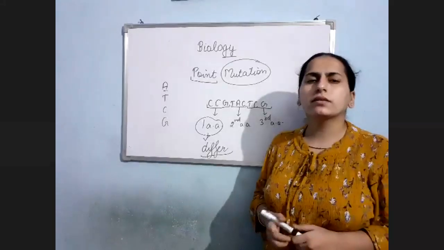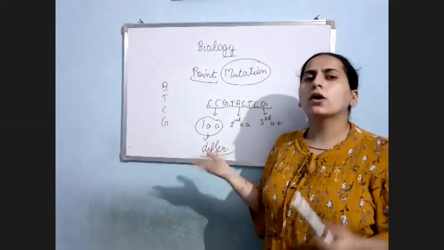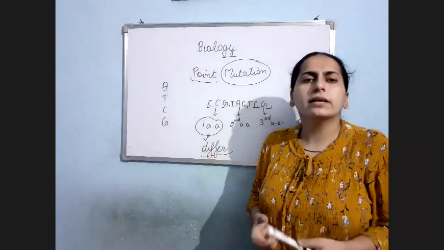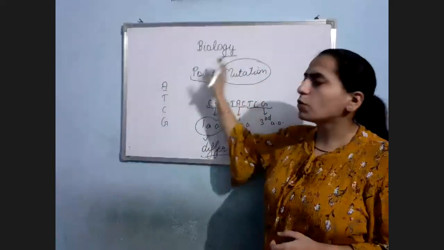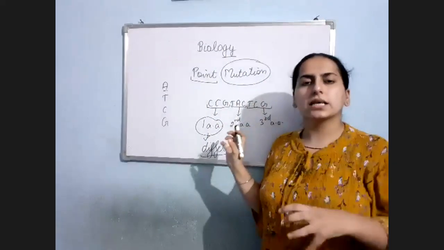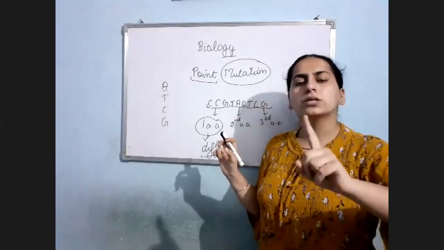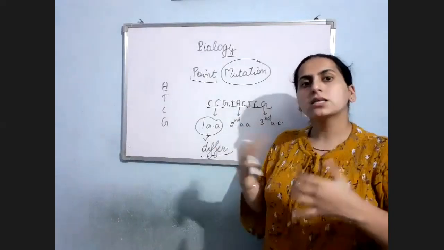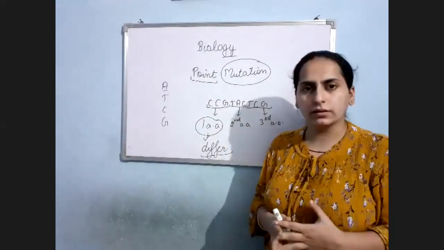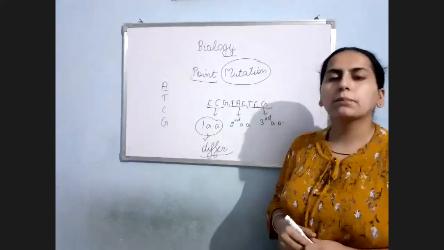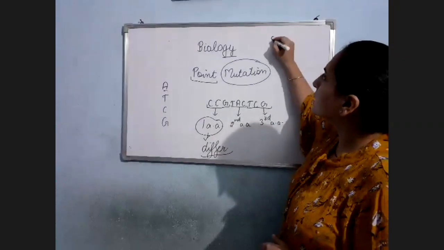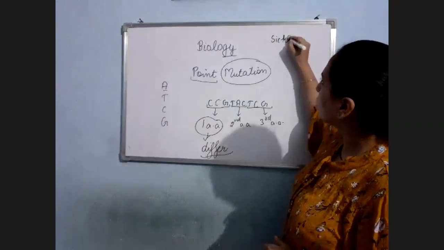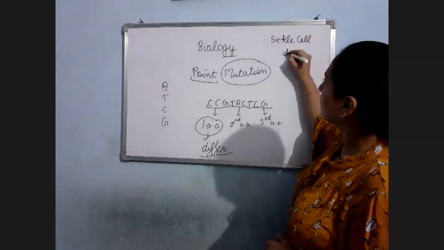Suppose earlier it was glutamic acid, now it could be any other amino acid like valine. So this is point mutation, change in 1 nitrogenous base. Basically, instead of change, substitution would be a better word. Clear? And its example we have discussed in yesterday's video, sickle cell anemia.